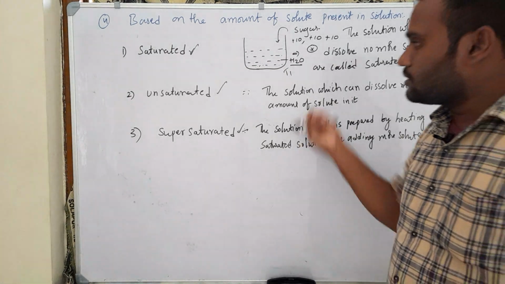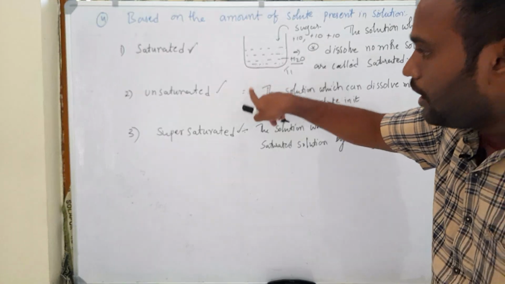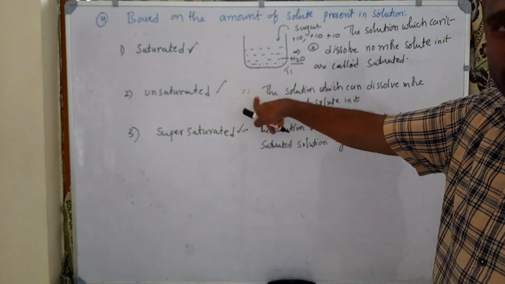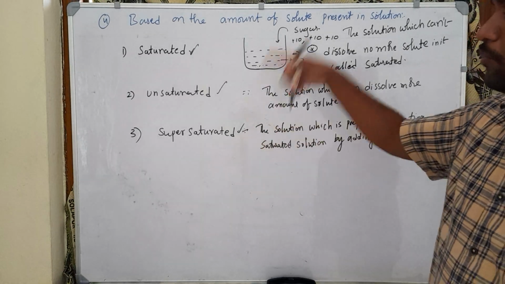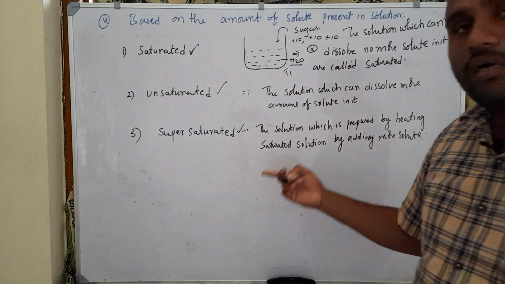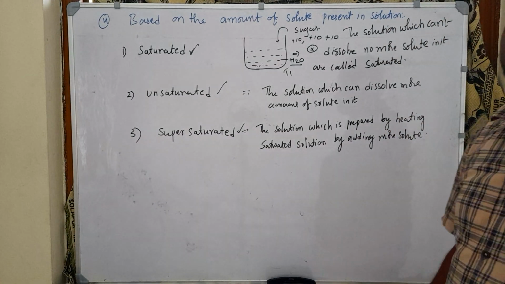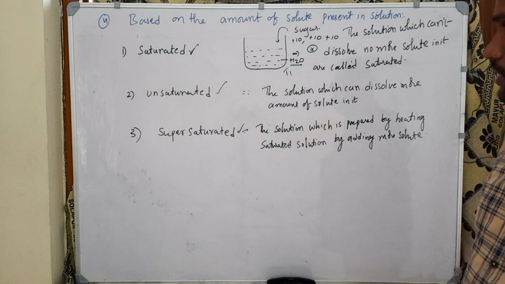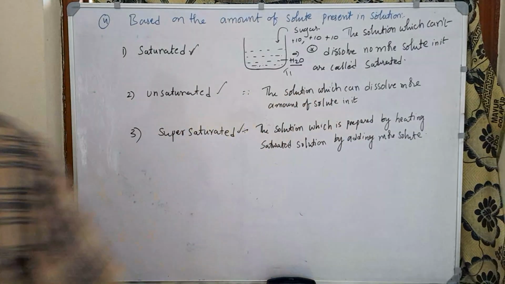Unsaturated means we can still dissolve more, so the solution contains less solute than required. Supersaturated means the solution contains more solute than required. So this is about saturated, unsaturated and supersaturated solutions.